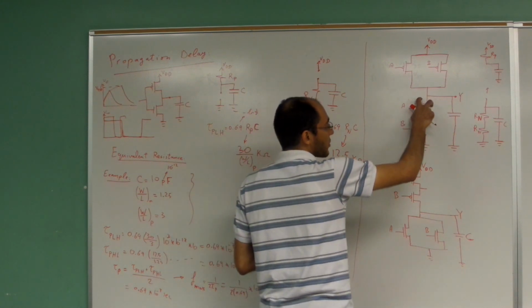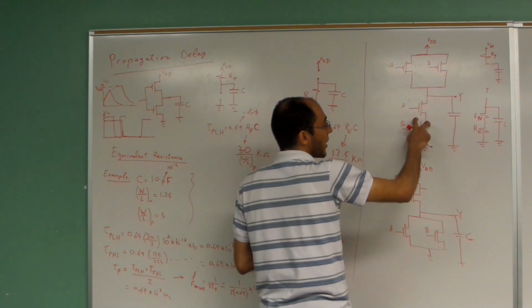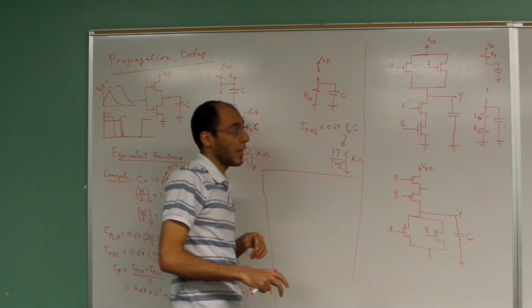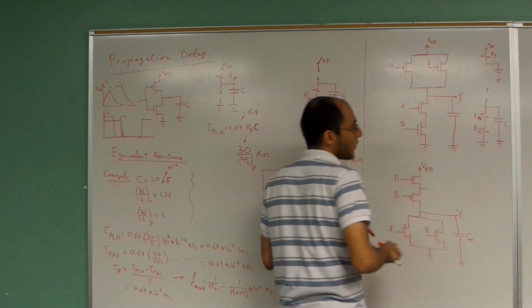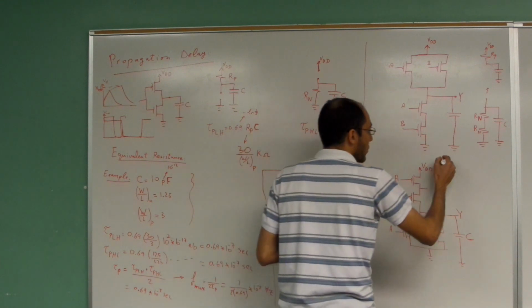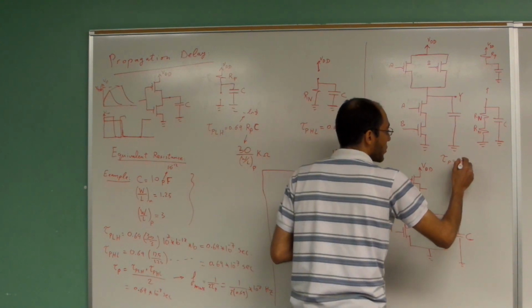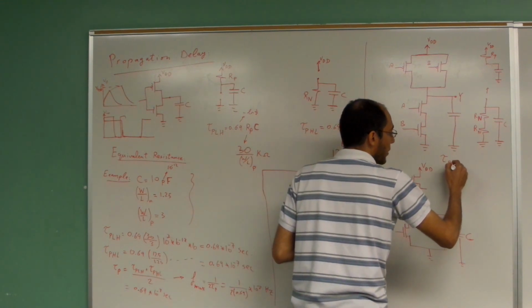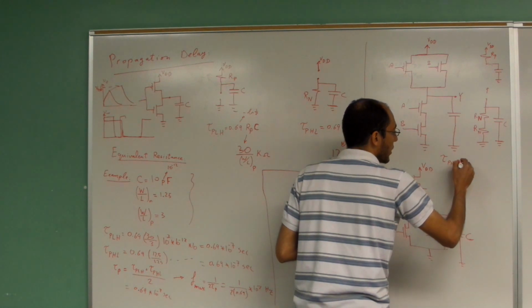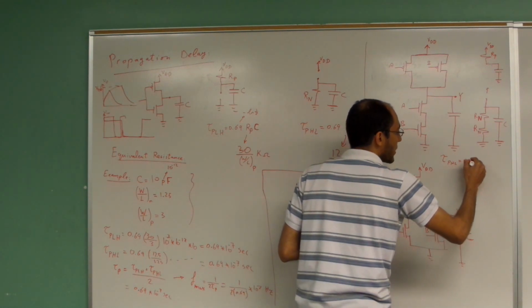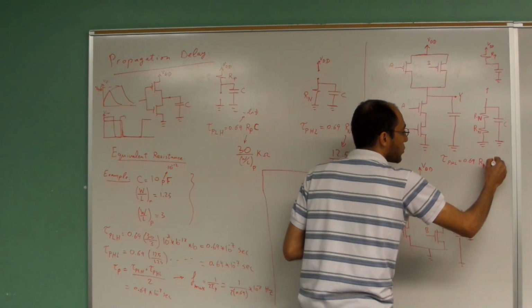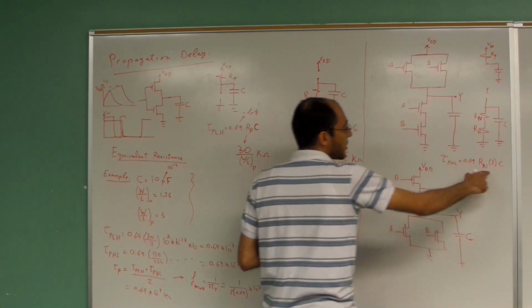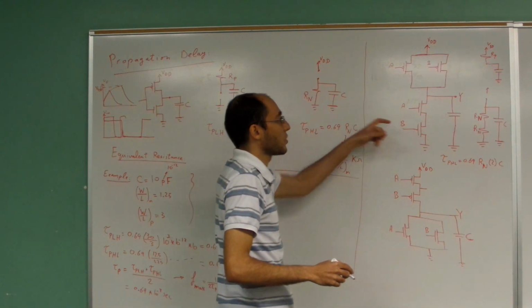Because this transistor and this transistor might be on at the same time. In that case, we have to replace this with equivalent resistance and this with equivalent resistance, and thus the propagation delay from high to low is equal to 0.69 times Rn multiplied by 2 multiplied by capacitance, where this 2 comes from those two transistors.